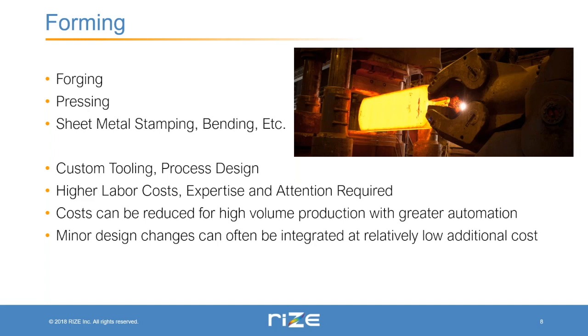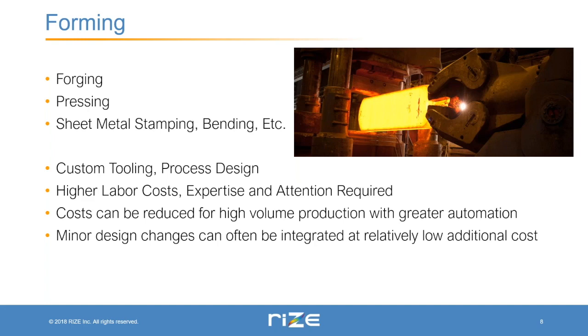So in terms of pre-processing, oftentimes when designing processes to produce parts for forming, there will be custom tooling required and also some amount of expertise required to design the process to produce the part. So this can involve much higher labor costs due to the expertise required to design the process, as well as the attention required to carry out the process.